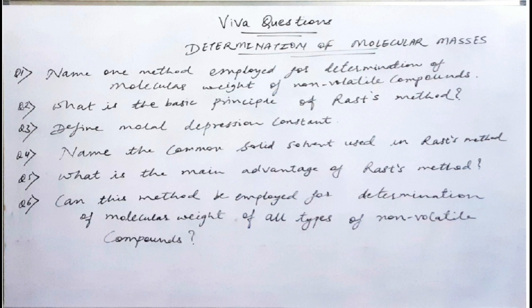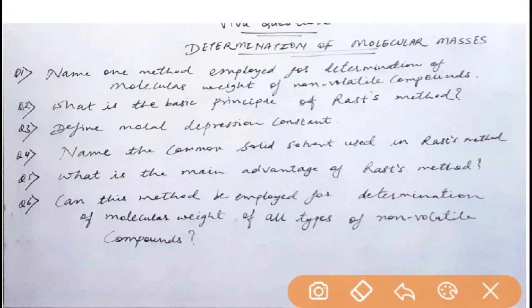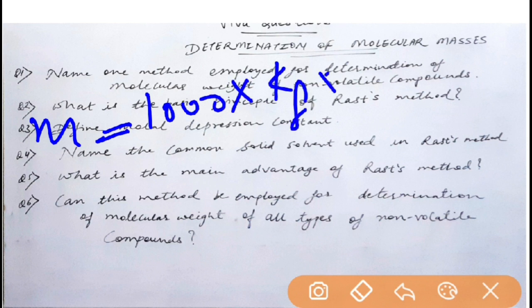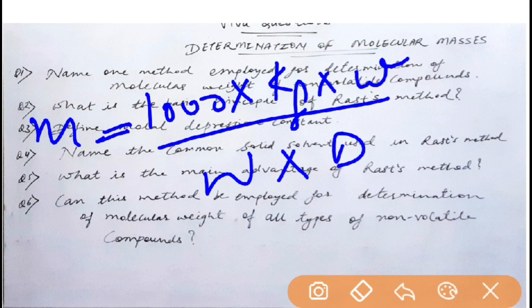As far as the molecular mass of the solute is concerned, which results in depression of freezing point, it can be calculated with the help of this formula. So molecular mass of solute is equal to 1000 into Kf into w divided by capital W into delta Tf.